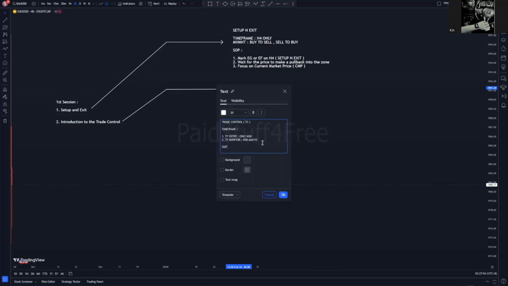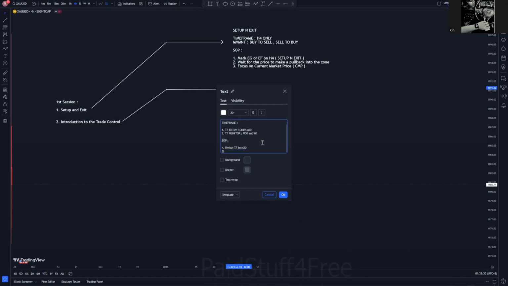After that, we're going to jump into the SOP. We're going to continue our SOP from just now, starting with number 4. After the price gets to the zone, and after we focus on the current market price, the next step is to switch the time frame to M30, of course.